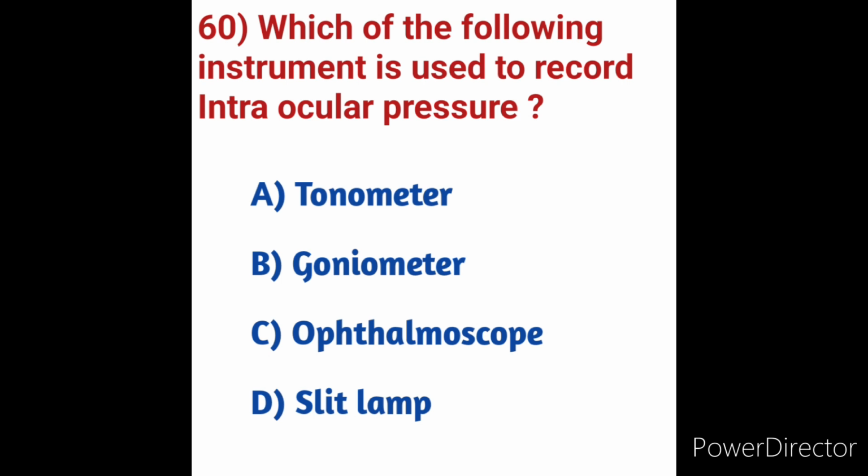Apply gentle pressure through the closed eyelid, first gently pressing on the eye with the right index finger, then the left, then the right again. So from the following instruments, option A, tonometer, is used to monitor or record intraocular pressure. Option A, tonometer, is the correct answer.